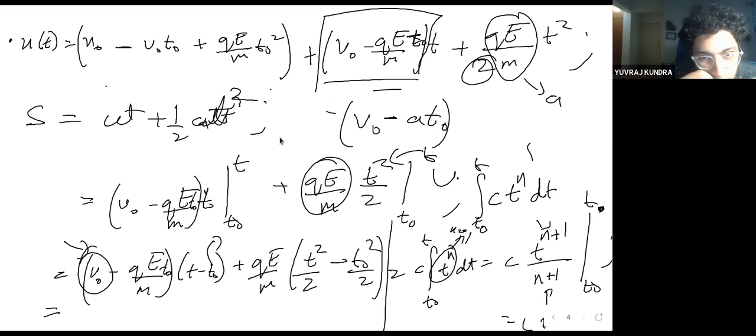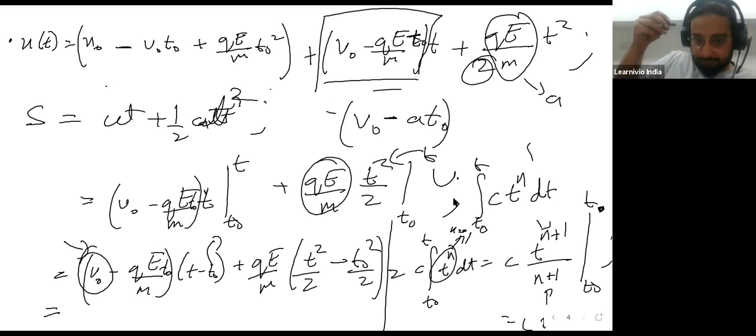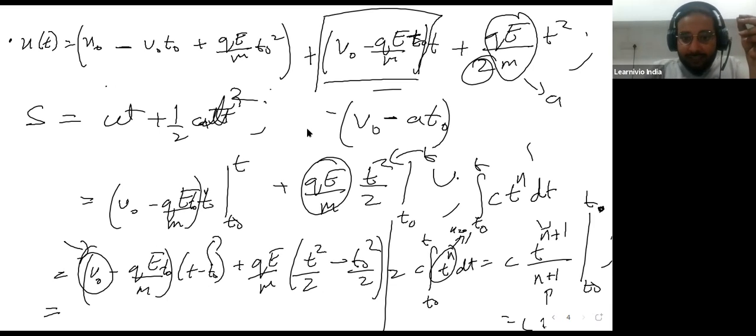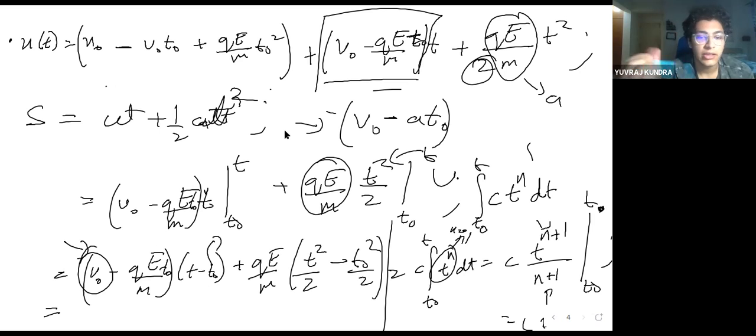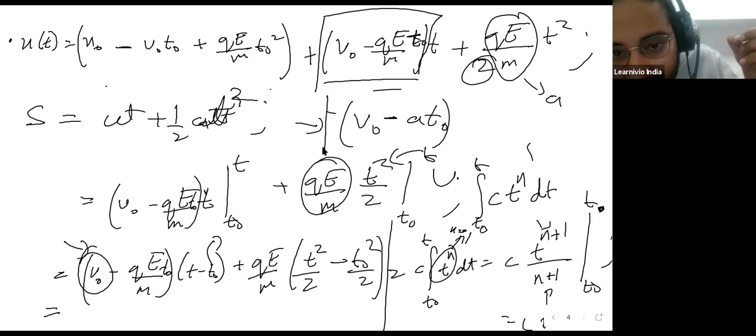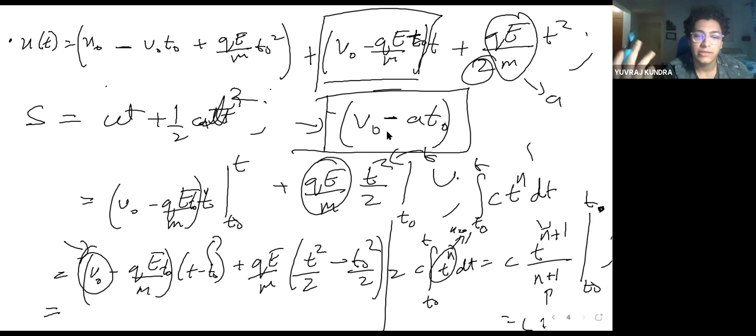Yes, sir. If we are able to trace back, that is when this is useful. So v naught minus a t naught is still your initial velocity. Yes, sir. Got it.